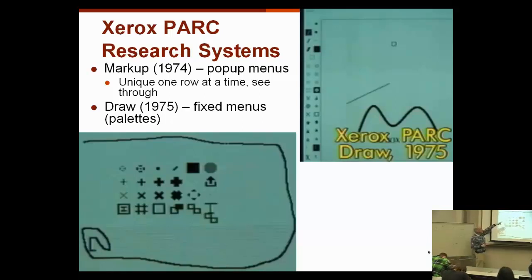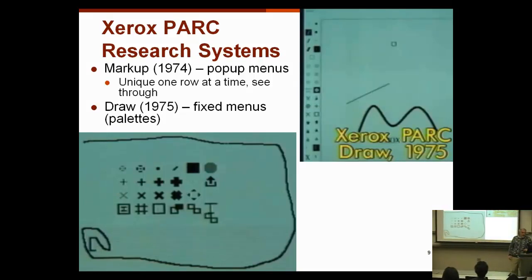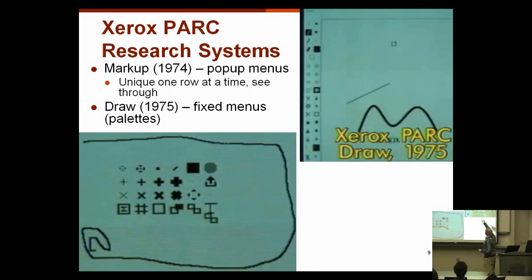Fixed menus, which we might call palettes, are, as I showed in the previous slide, dated way back to the 60s. Draw used that style as well. And you can see that a variety of things are highlighted, so you're in various modes at the same time. So this is both a style palette as well as a mode palette.